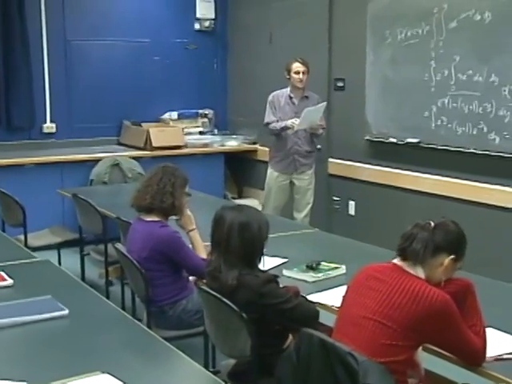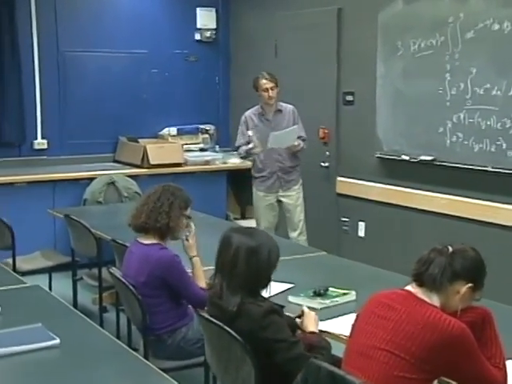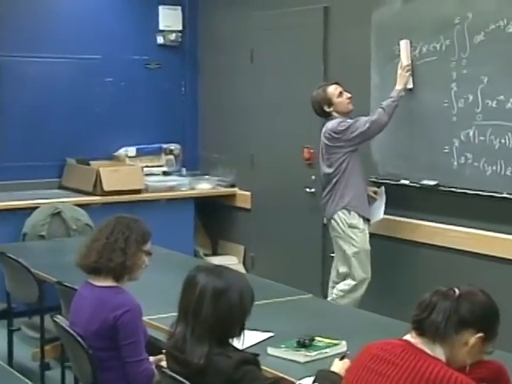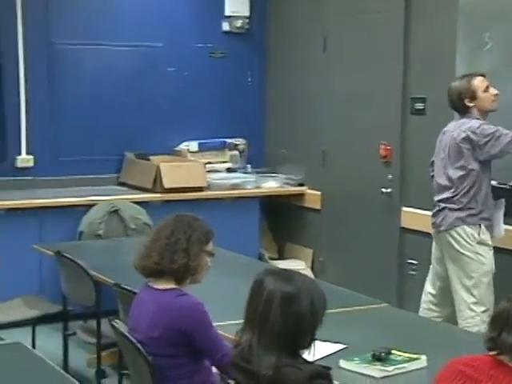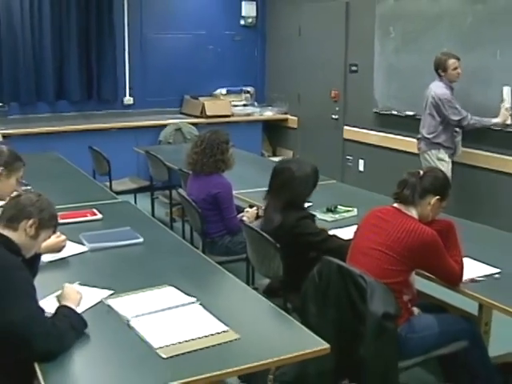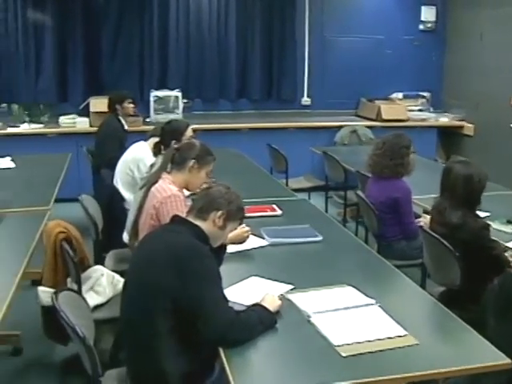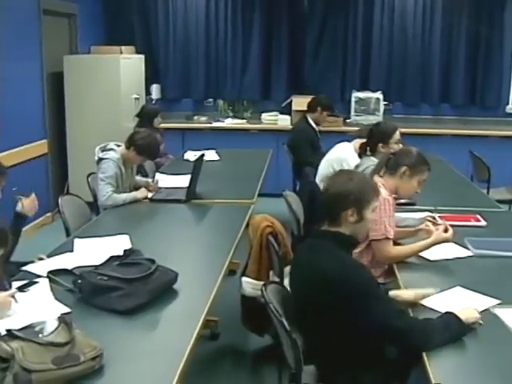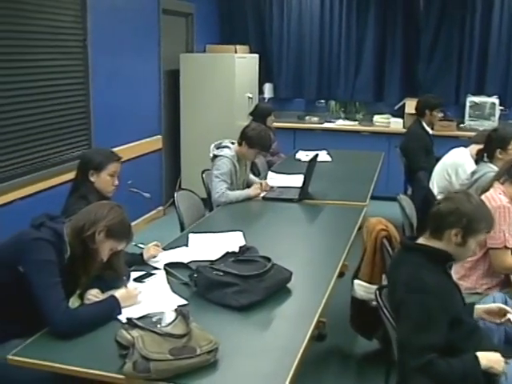Okay, any questions about that? All right. Here, let's look at one more that's along the same lines. It's the one about the broken stick. The next one. We're going to draw a picture, but think about it for a second.